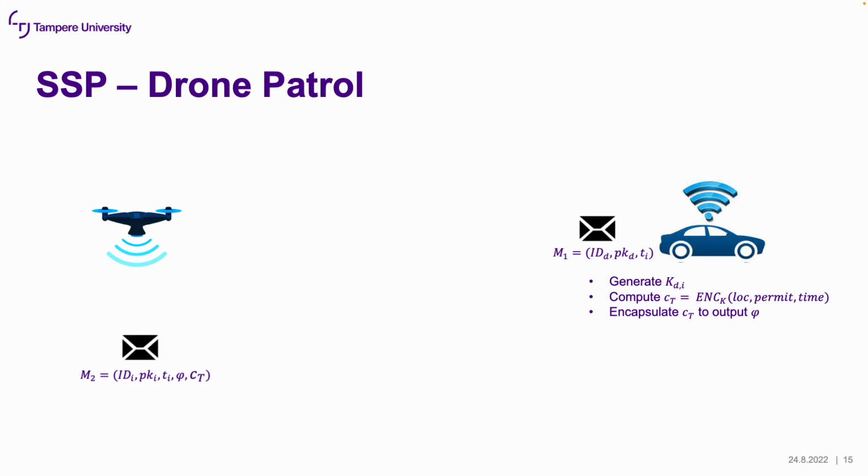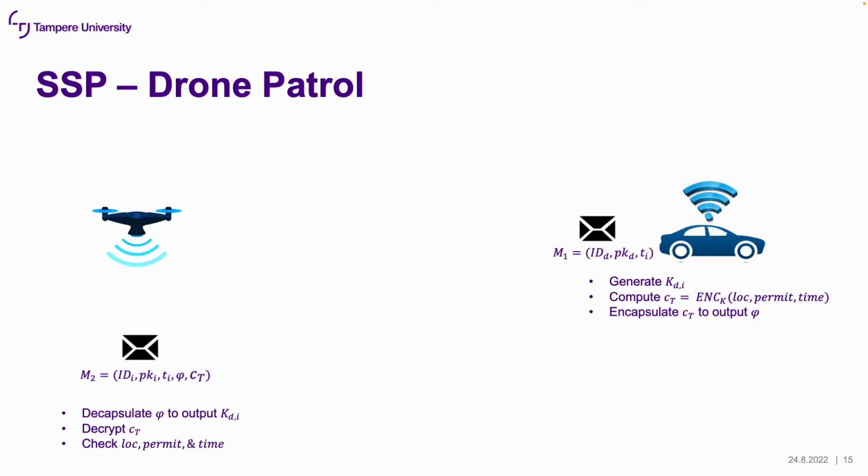Now, when the drone receives this, the drone is able to decapsulate the encapsulation variable to output the session key, and then uses the session key to decrypt the ciphertext, verifies the message encrypted with the key, and is then able to decide whether the car has violated a parking arrangement or whether the car has a valid parking permit to be in a particular place.